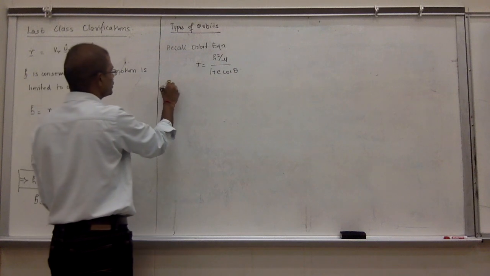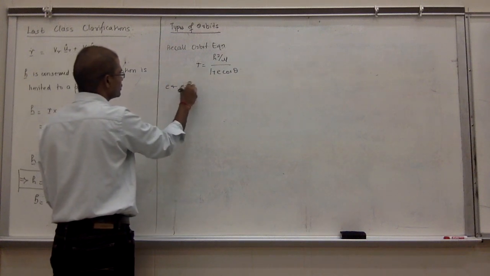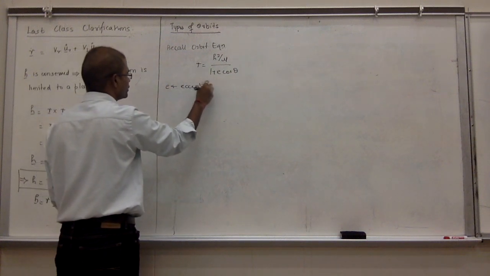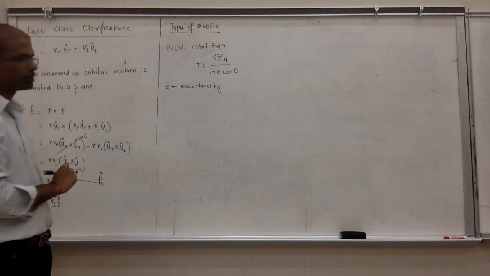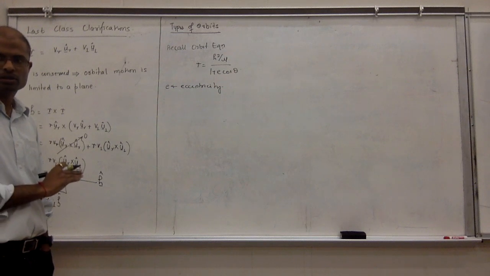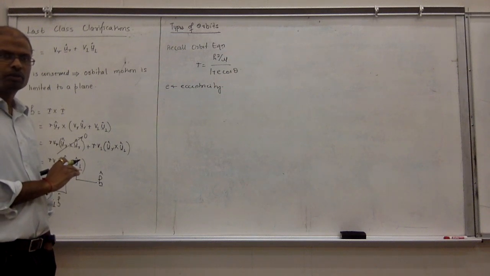E here is eccentricity, and this eccentricity is the same eccentricity which we talk about for conic sections.